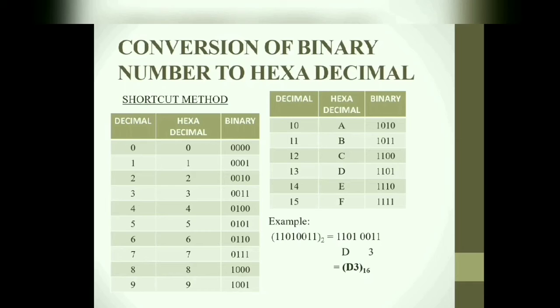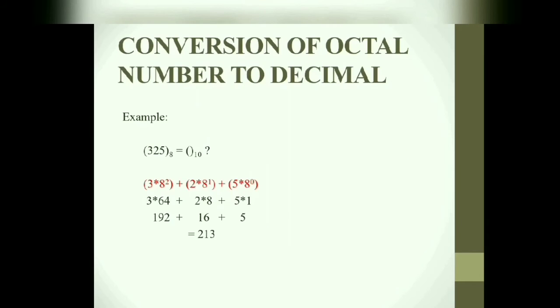So we divide it as 1101, 0011, and convert these 4 binary digits into a hexadecimal number with the help of this table. So D3 is the hexadecimal equivalent of the binary number.